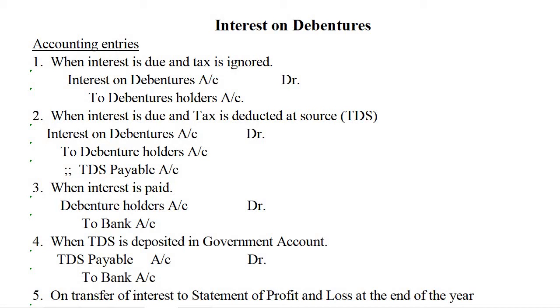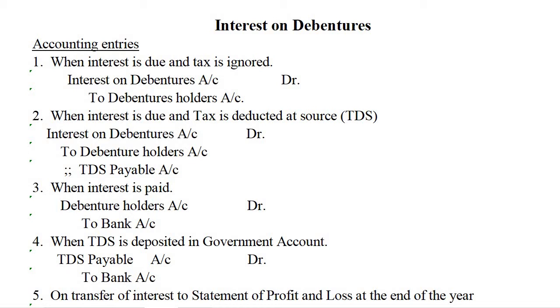Payment of TDS to government means tax will be given to the income tax department. So whatever tax deducted at source should be paid to the income tax department. So we will write TDS payable debit to bank.